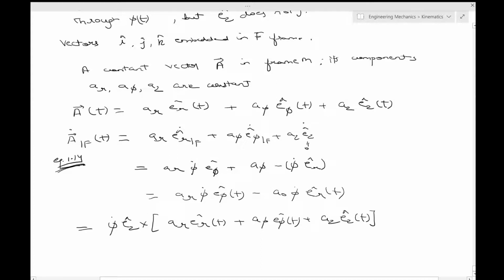Okay, so z cross z would be 0, z cross r would be phi, and z cross phi would be minus e_r. That's why this can be written.